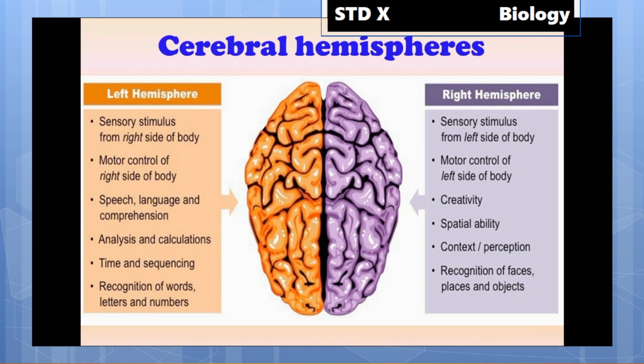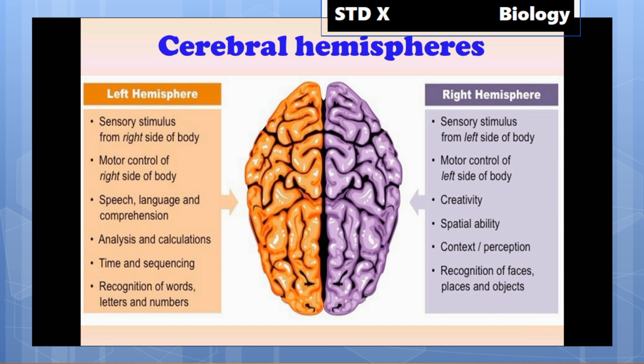The left hemisphere is related to sensory stimulus from the right side of the body. They control the motor impulses from the right side of the body.